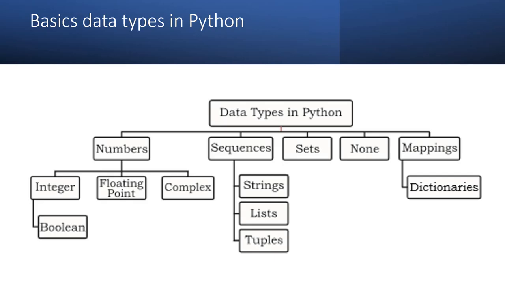And then amazingly, we have an exclusive data type for None. So if you are not sure about the value of a particular variable, or you know that there is no value for that variable, then you can assign it the None data type, or it will acquire the None data type. It means there is no value for that literal. Then we have another data type, mappings. In mappings we have dictionaries.